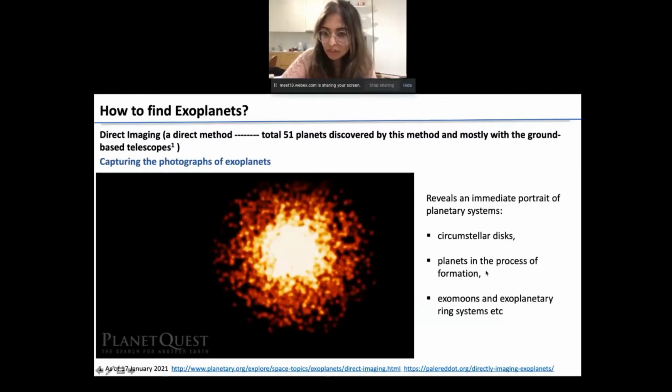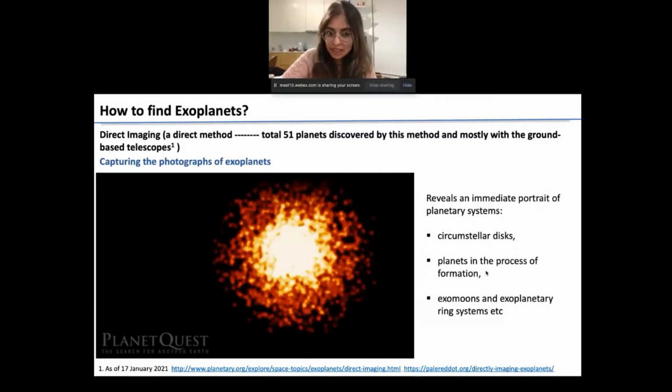You can also see planets in formation. We have beautiful images where we see circumstellar material around the star, and a little tiny dot, which is a protoplanet, eating all the material to become a planet itself. We have real images from big telescopes.